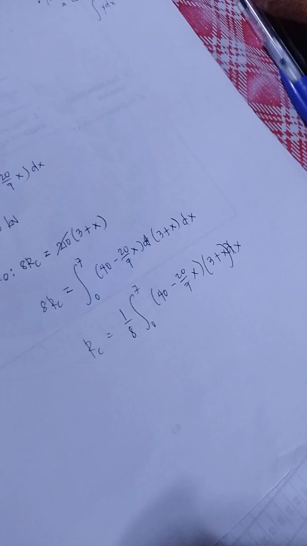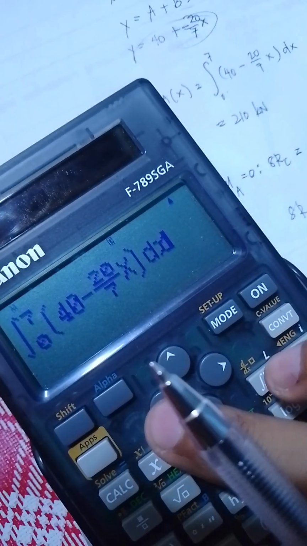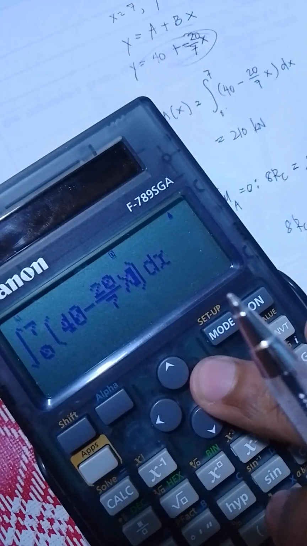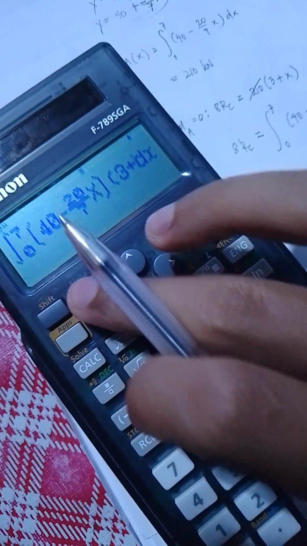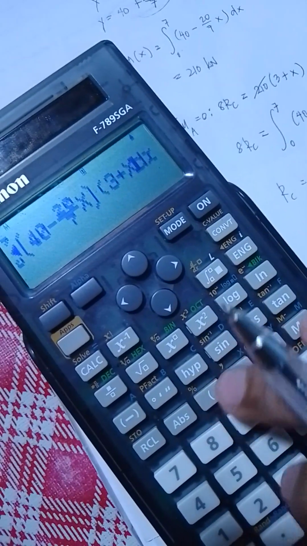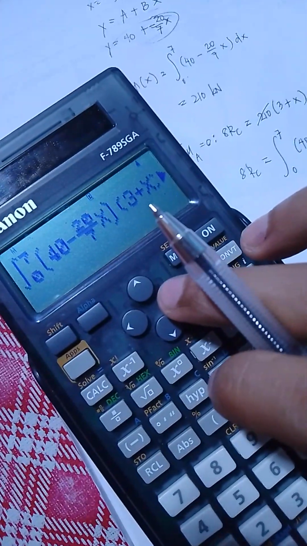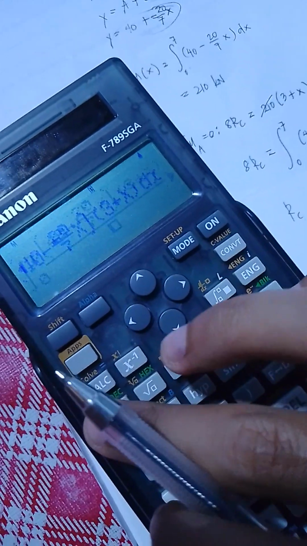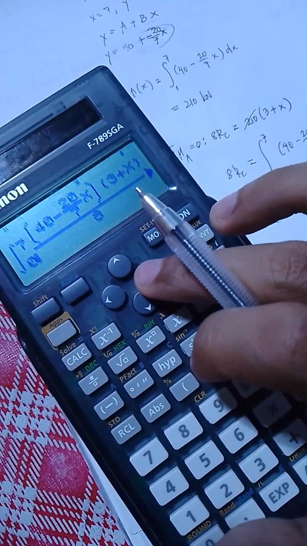Now if we input this all in our calculator, we get the integral from 0 to 7, and then we add here 3 plus x, times 1/8, or divided by 8, that's the same.